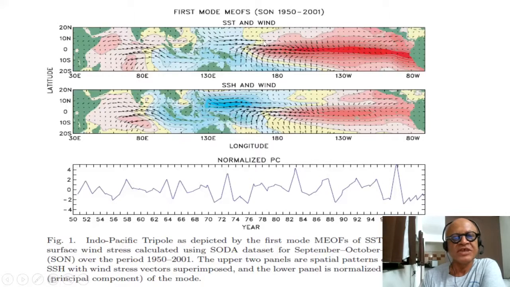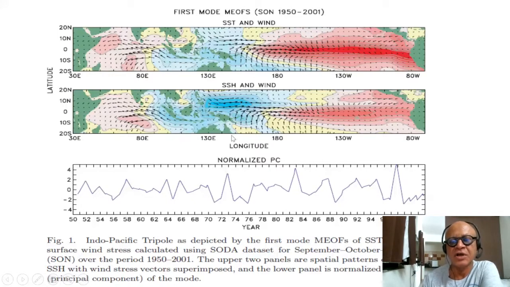But if you do the analysis over the Indo-Pacific, then you get a better sense that the Indo-Pacific warm pool has a coherent anomaly here with the divergence around the maritime continent, and the Indian Ocean response is like the dipole, which we have been looking at just as an Indian Ocean phenomenon. So that's in SST and winds, and this is in sea surface height and winds.